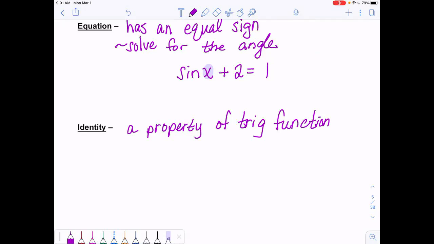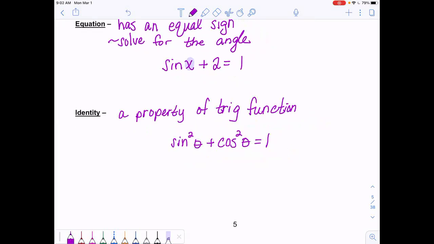So a property might be sine squared plus cosine squared equals 1. That is the Pythagorean identity that probably gets used the most frequently. This identity holds true for any value of theta, for any angle. So I take the sine squared of an angle plus the cosine squared of an angle, it's equal to 1. And I can choose any angle that I want, and that identity will hold true.